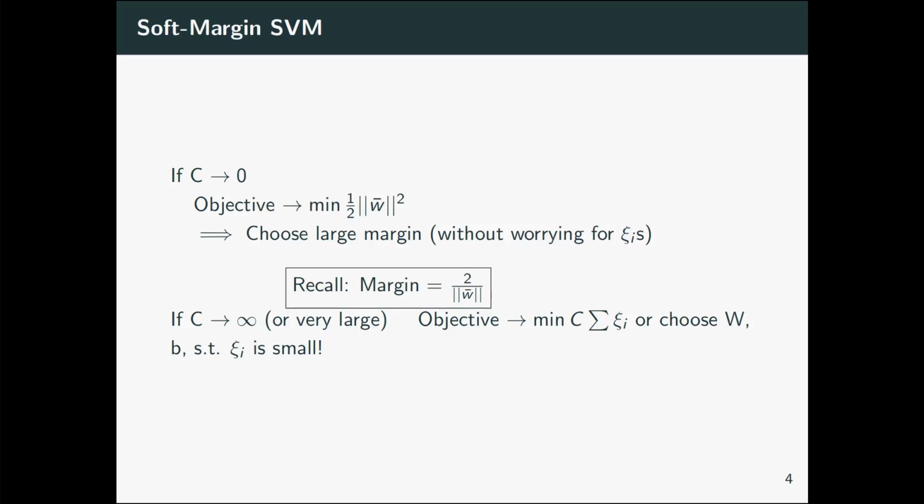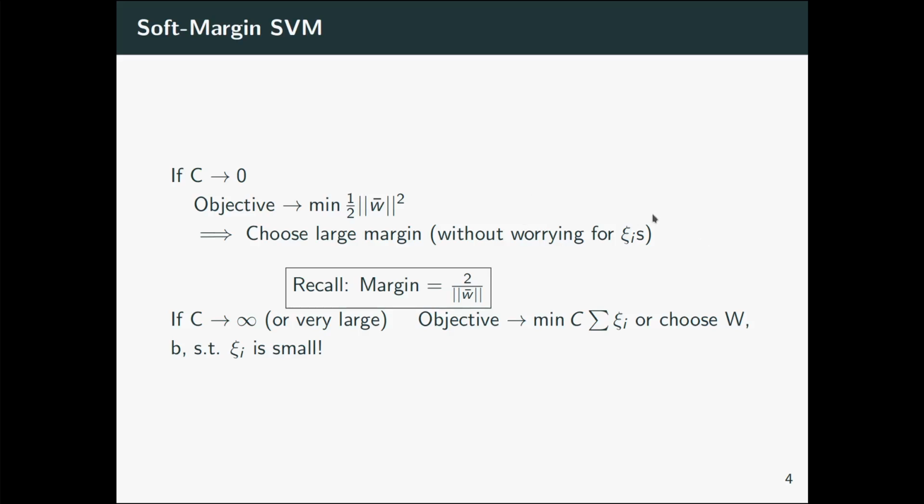So we intuitively saw what changing the value of C would do to the margin. You could also just plug in the same intuition and let maths do all the work for you. If C tends to 0, then the objective is just to minimize half of W squared, which is to say choose a really large margin without worrying about any of the xi of i's.